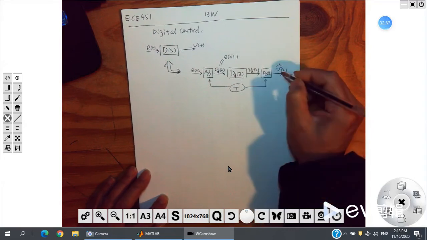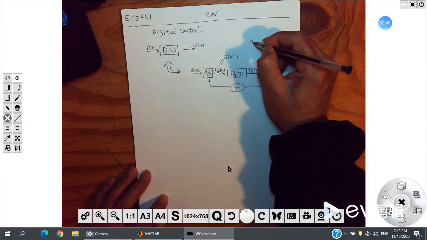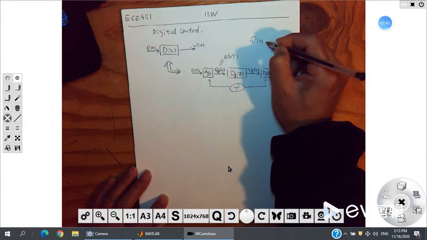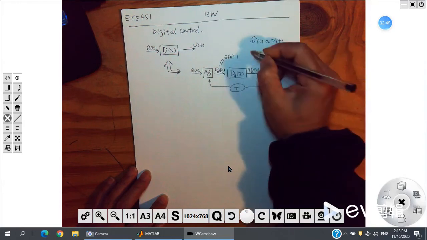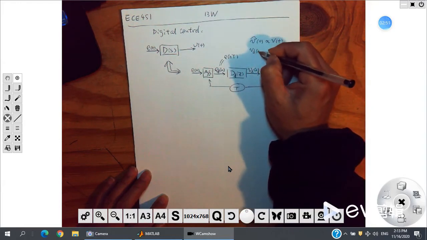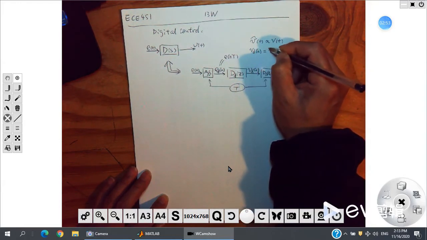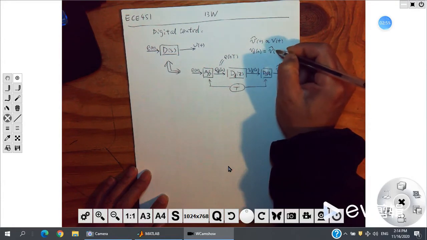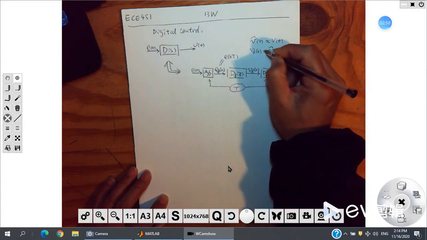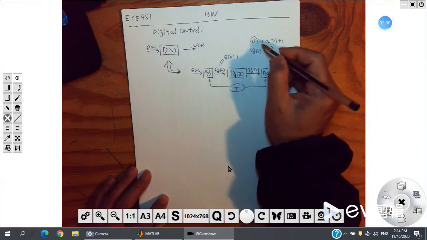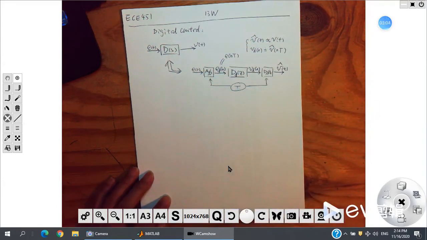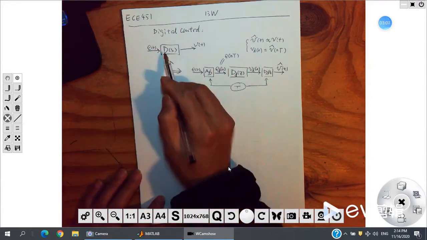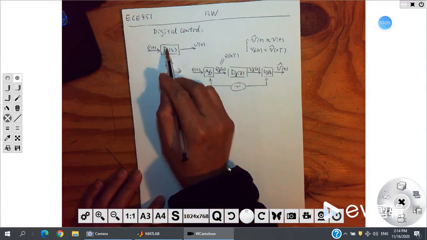And this one, V hat of T, we hope it is close to V of T. And VD of N is just V hat of NT, or maybe a little bit different. So this is a digital one. We realize this analog controller in a digital way.